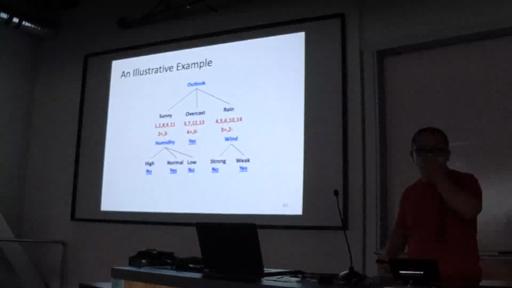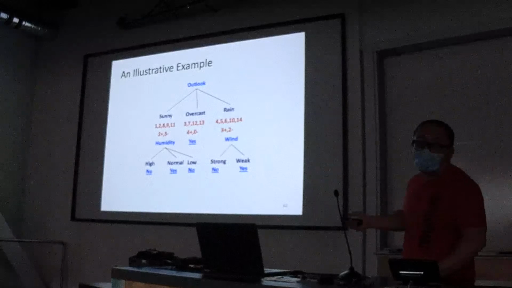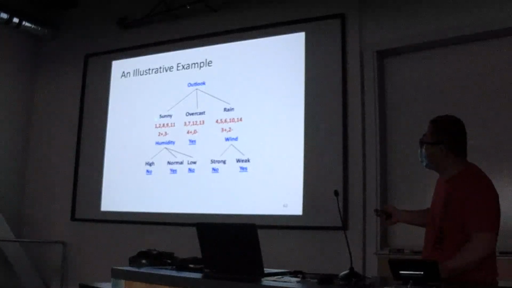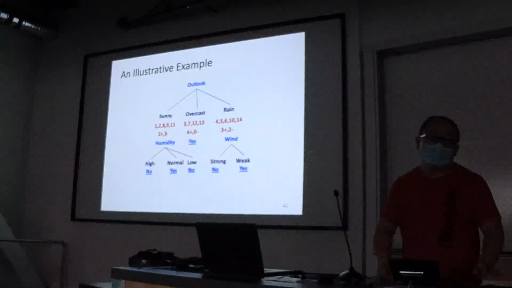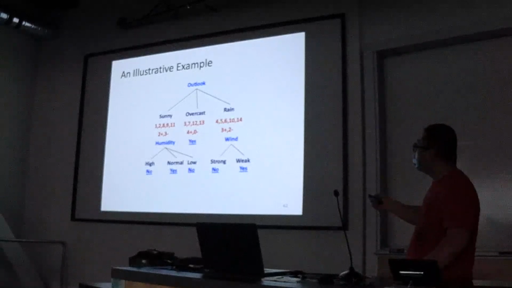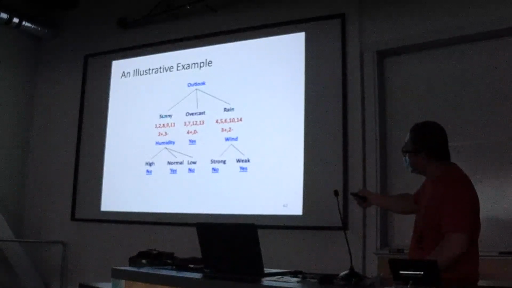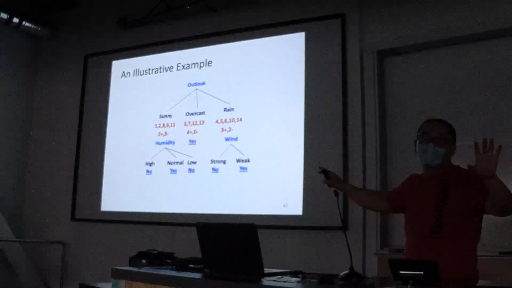Any other question? Is it possible to use the same attribute at each level, like using humidity at the same level? It's not a problem, it's possible. Remember, when you have this sunny example and this rain example, they are separated, so they don't influence each other.